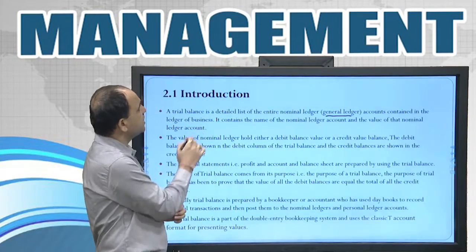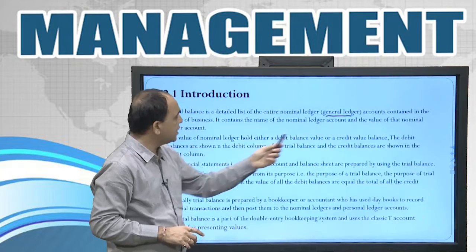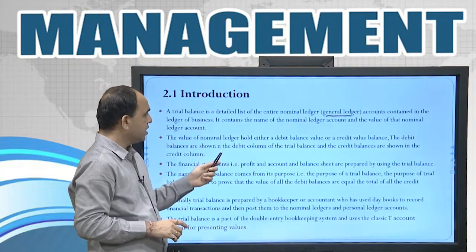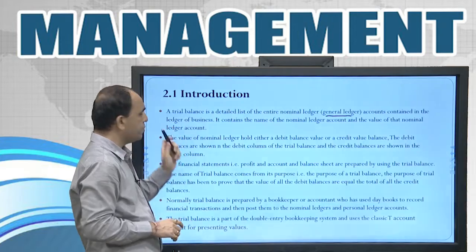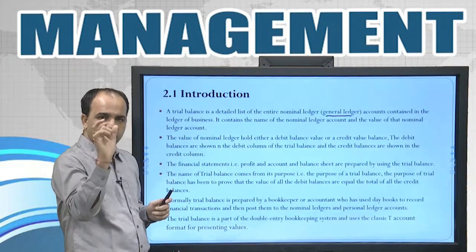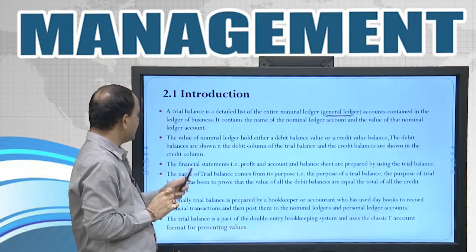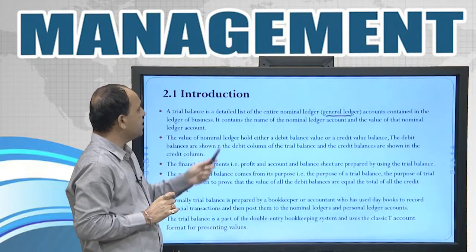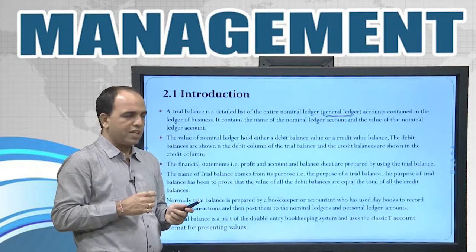A trial balance is a detailed list of the entire general ledger accounts contained in the ledger of the business. It contains the name of the nominal ledger account and the value of that nominal ledger account. Not only the name, but the value, the amount is also recorded in the trial balance. The value of a nominal ledger account holds either a debit balance or a credit balance.